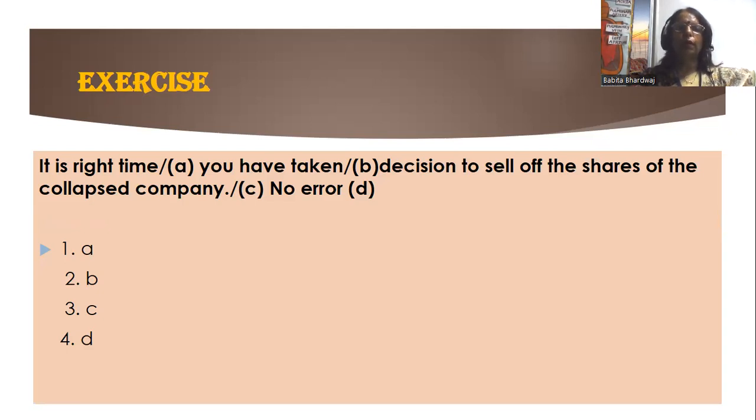It will be you took, instead of have taken, because here the sentence is indicating unfulfilled desire, right? So the correct sentence will be, it is right time you took decision to sell off the shares of the collapsed company.